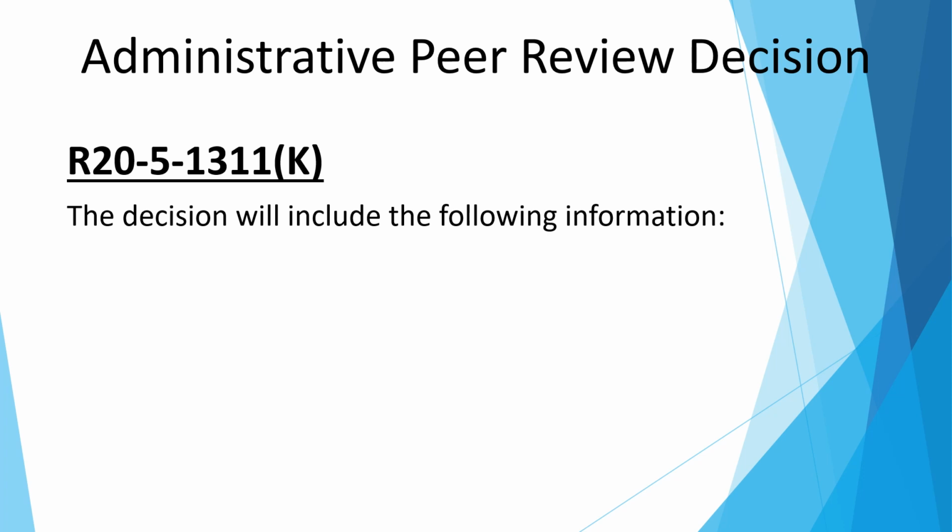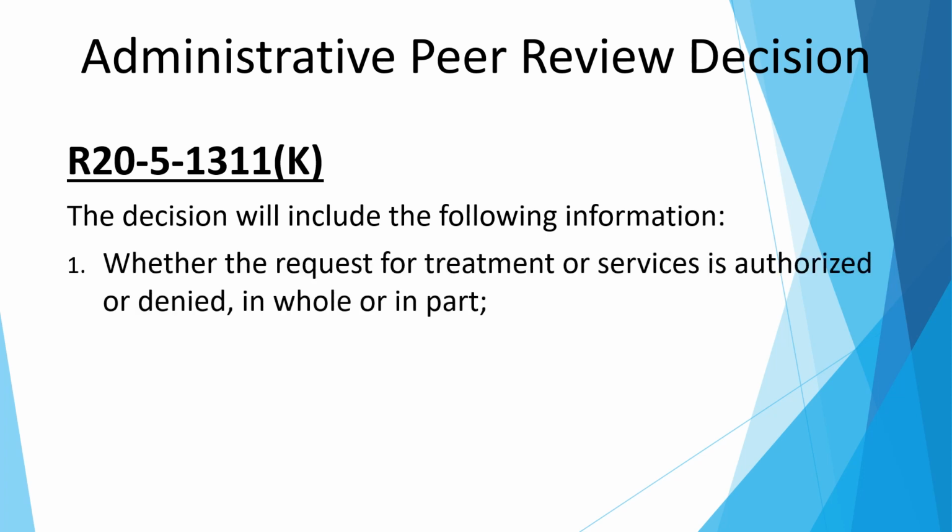So let's talk about the administrative peer review. When it goes to an administrative peer review, you're going to see a document that indicates the decision from that administrative peer review. Number one, it's going to indicate whether the request for treatment or services is authorized or denied in whole or in part.